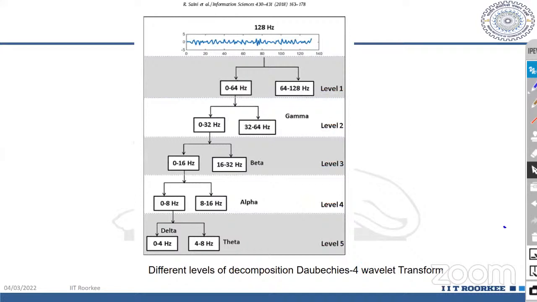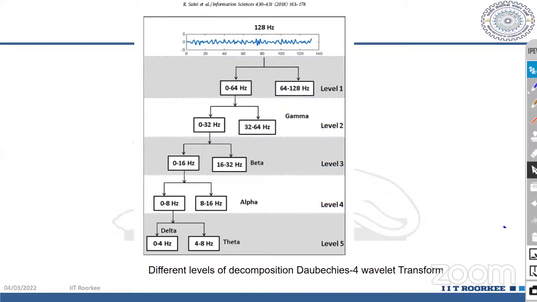One signal is based on EEG and another signal is of the image. For the EEG signal, you can use any feature extraction algorithm. Here it's a wavelet transformation, Daubechies 4 wavelet transformation. Given a signal, find its approximate part and detailed part.